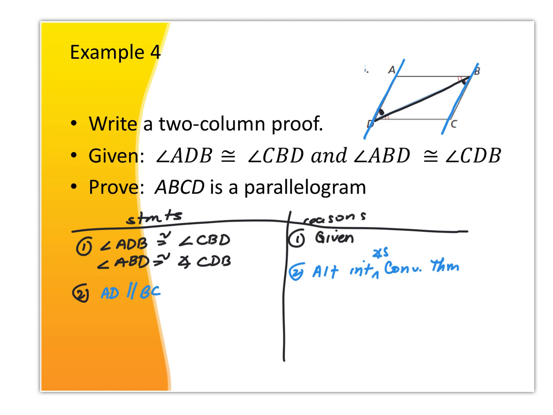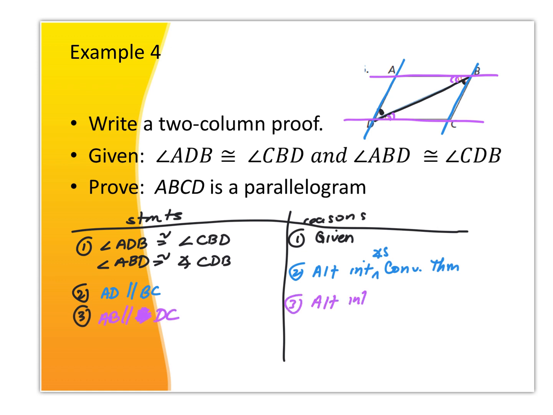Then I'm going to go to number 3 and I'm going to prove the same thing with the other two parallel lines. I know that AB is going to be parallel to DC because the alternate interior angles are congruent here as well. And again, it's the same thing.